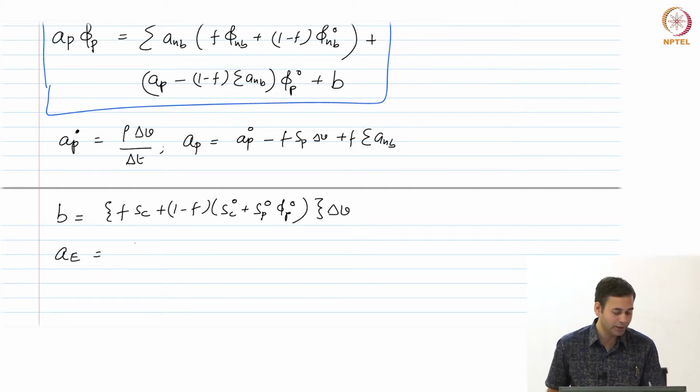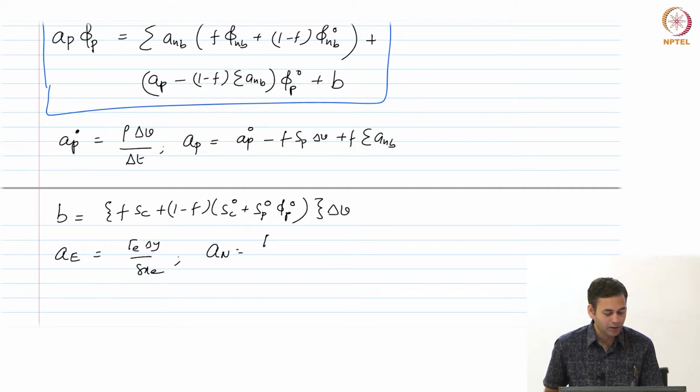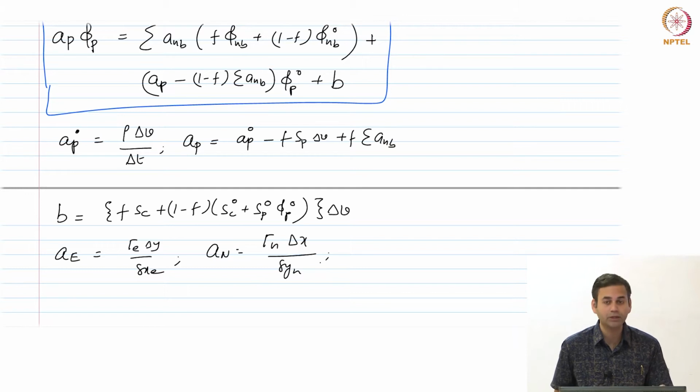So, how much was A east? Gamma east delta y by del x e, and A north would be gamma north delta x by del y north, and of course, you can complete A west and A south as well, okay. So, those are your A and B values, okay. Fine. Questions till now? This is basically a recap of what we learned yesterday.